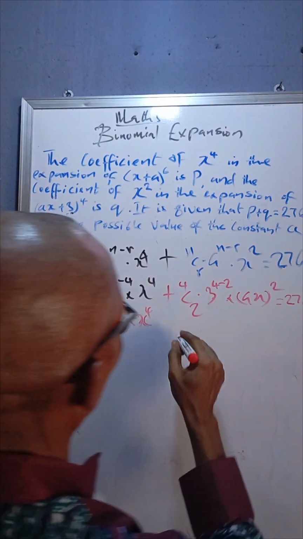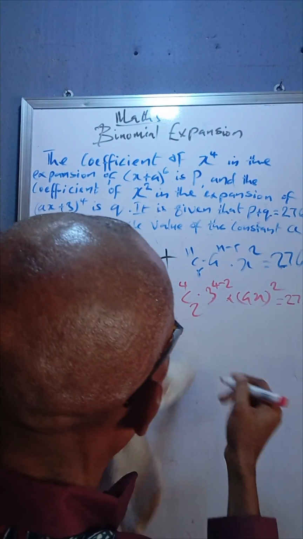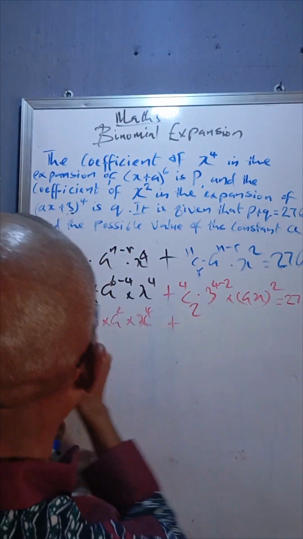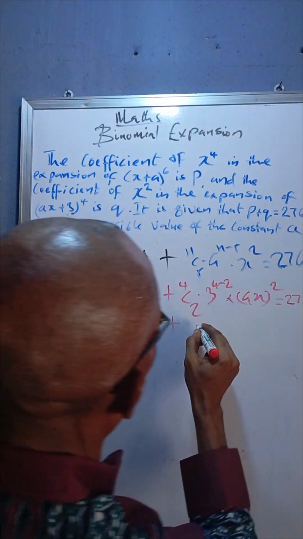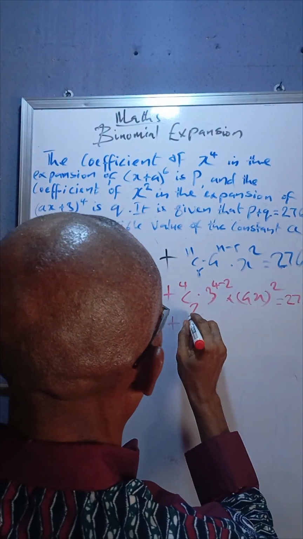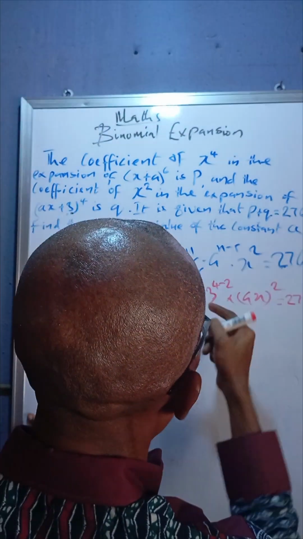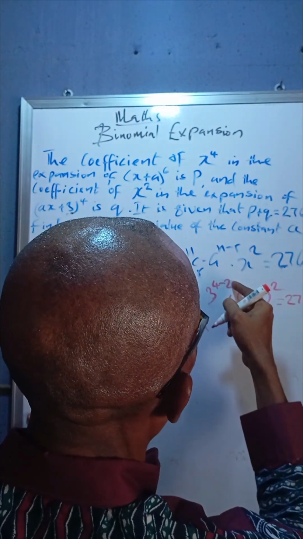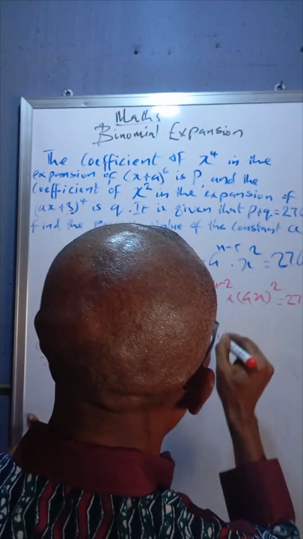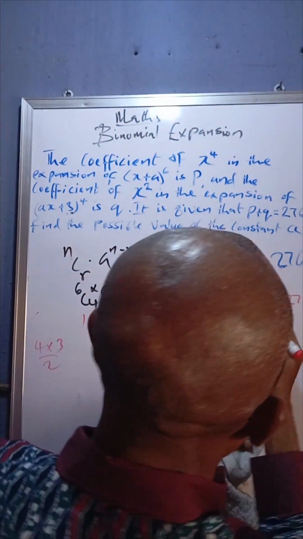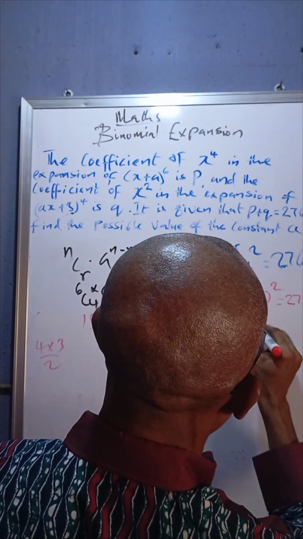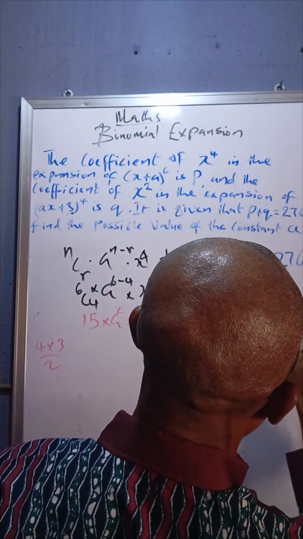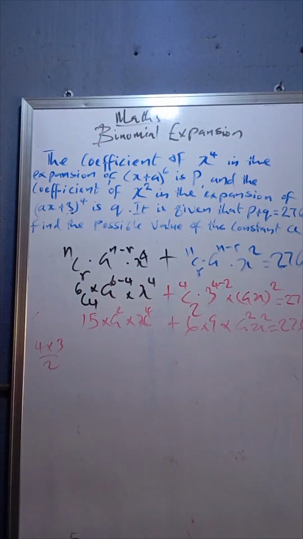That's for the first one. Then plus 4 combination 2, the same way: 4 times 3 divided by 2 gives us 6, times 3 raised to 4 minus 2, which is 3 squared, 9, times a squared x squared, equals 276.